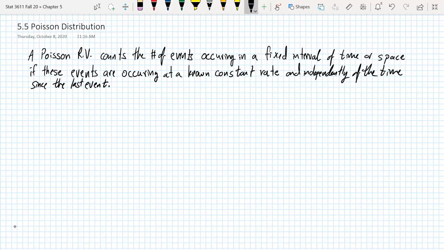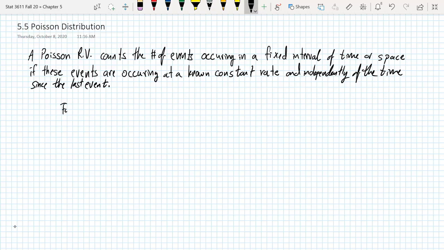Most fishermen actually assume it's not a Poisson process because they think there might be a hotspot. So if two people keep catching fish, they're going to go to the same location. That's not really independent in that sense, right? Just because I catch one fish in this specific location doesn't mean I'm any more likely to catch more fish here. You want to be independent from the time since the last event.